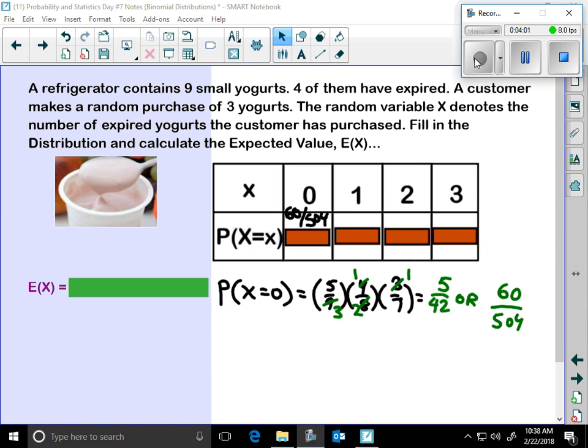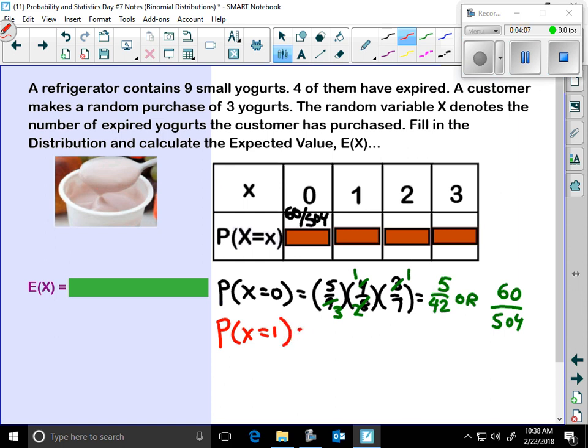Okay, so we found our probability that x equaled 1 to be 240 504ths. Probability x equaled 2 to be 180 504ths.